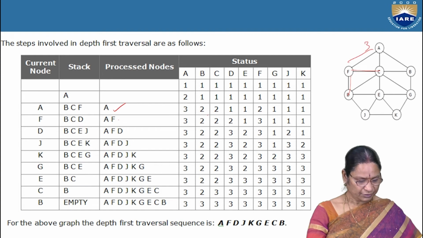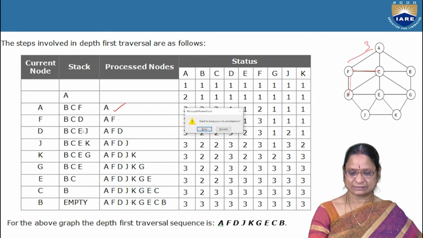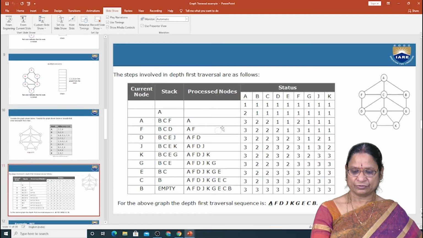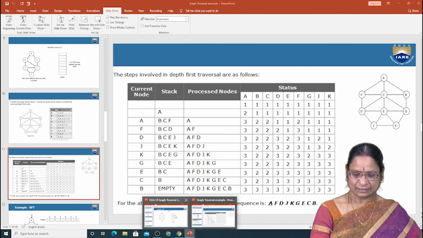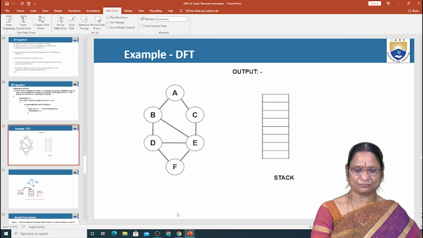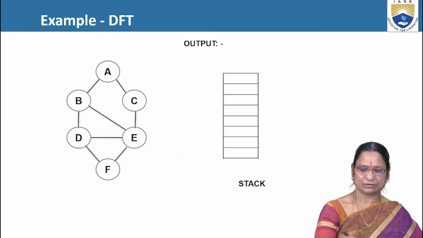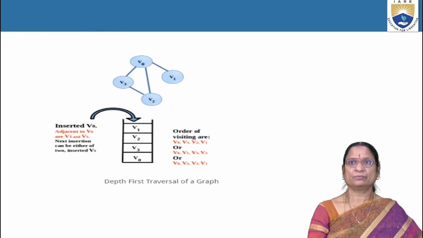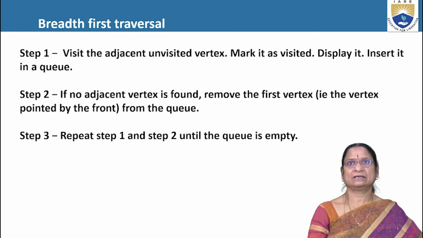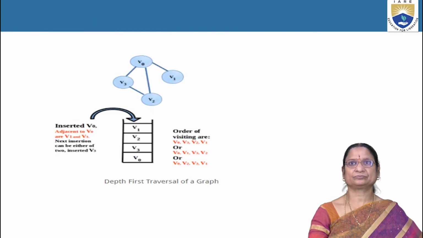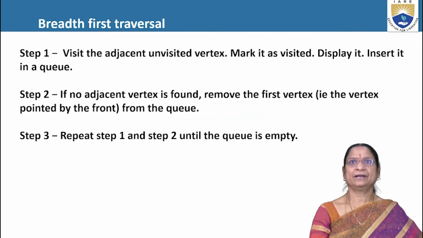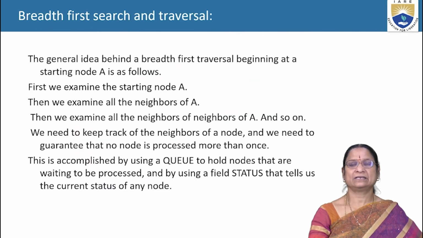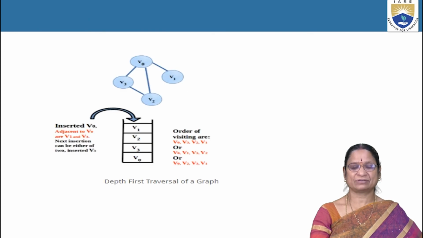So when we are considering this process, we consider the respective graph representation and use the respective process. By using this algorithm, we can do the depth first traversal.